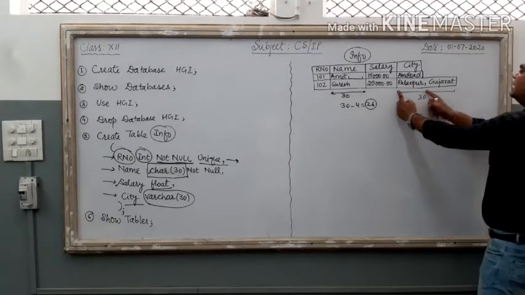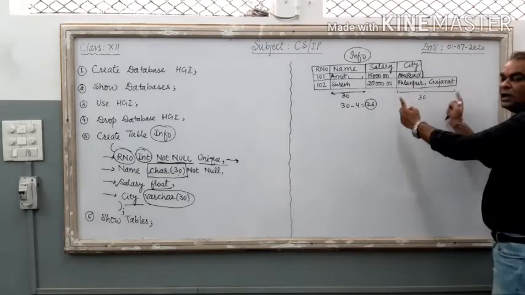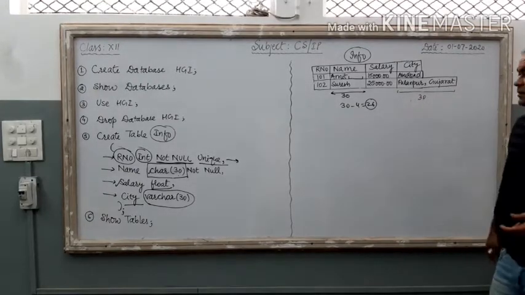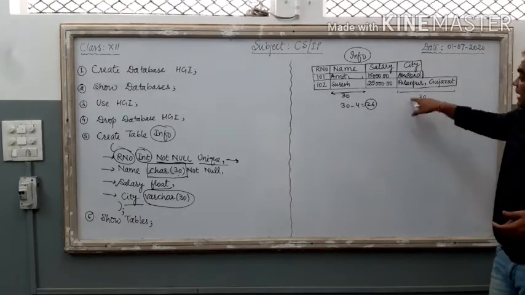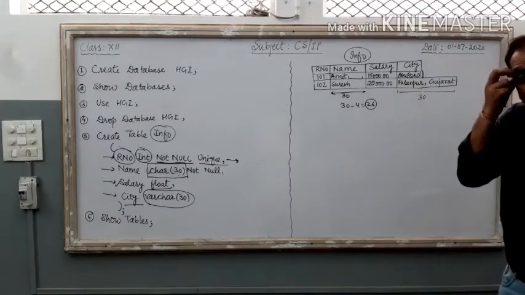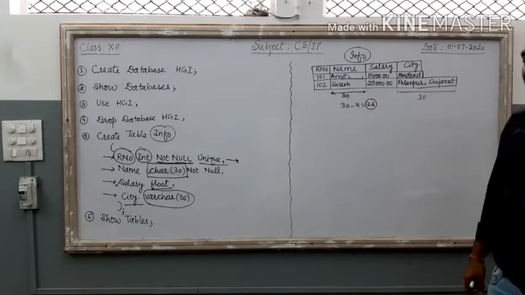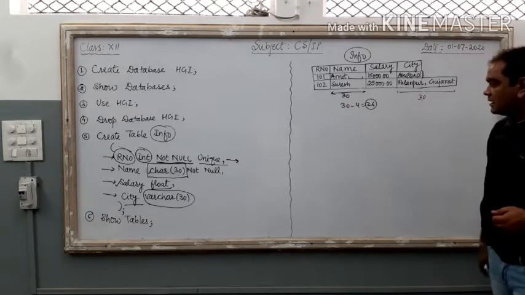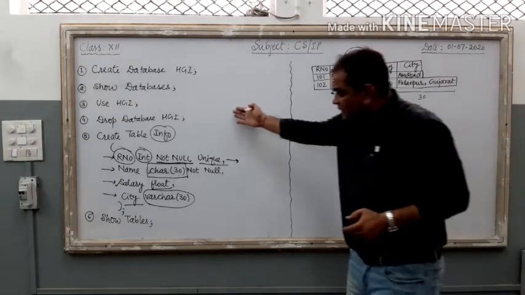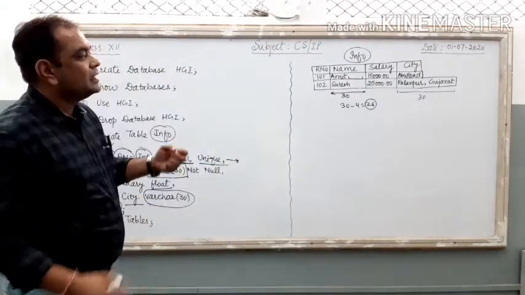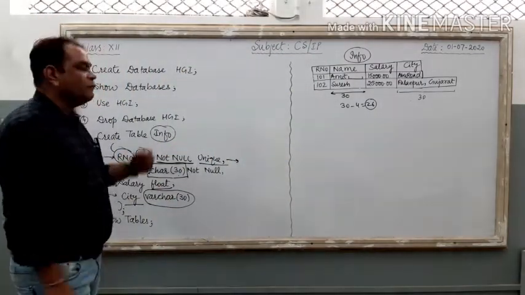Just check the width of the column. So it is known as a variable size field. The width of this column is set according to the data entered by you. Clear? So it is known as varchar.